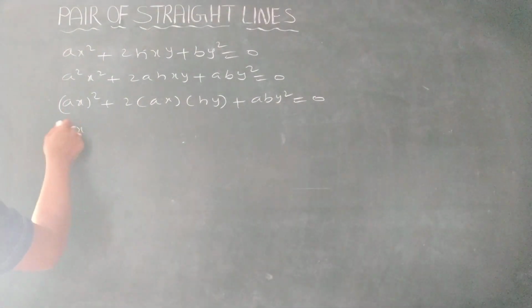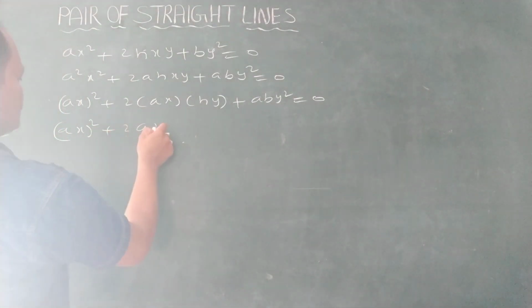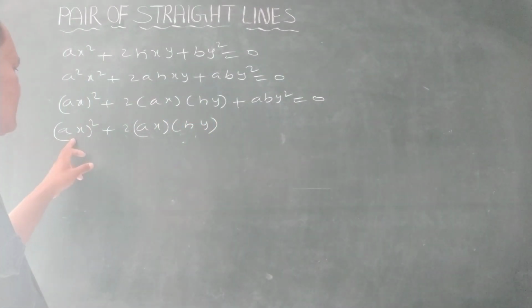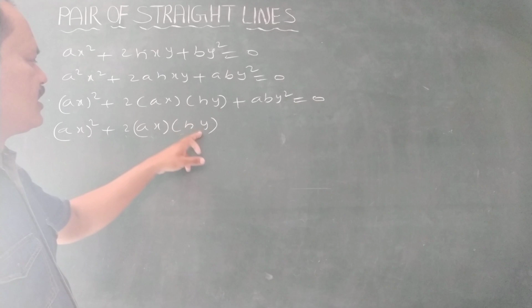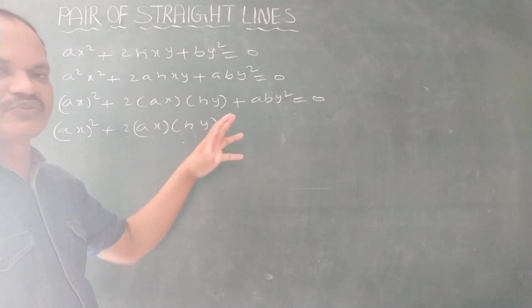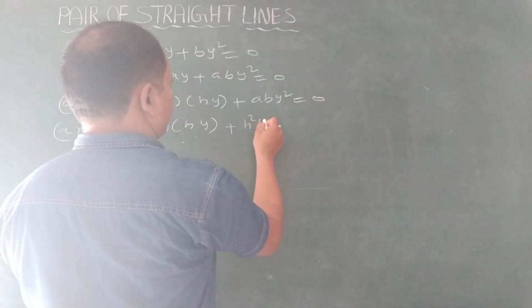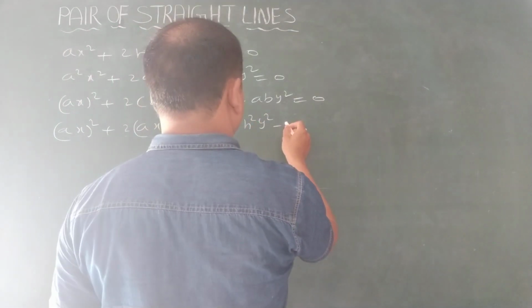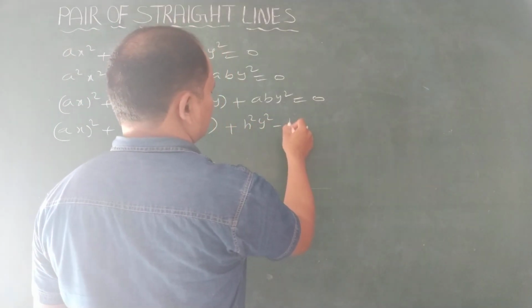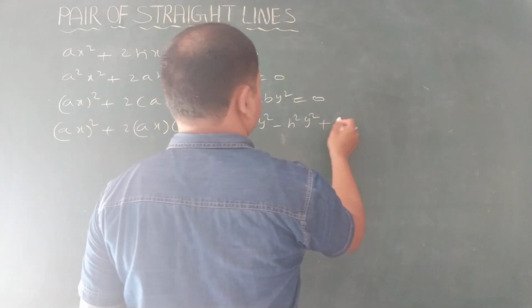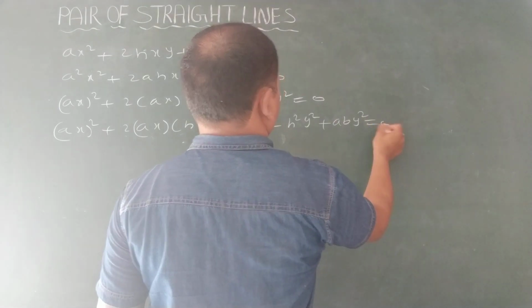This can be written as ax square plus 2 times ax into hy. This is considered as a square plus 2ab, but there is no b square. We have to add and subtract b square, that is h square y square, which is nothing but hy whole square: add and subtract h square y square, plus aby square is equal to 0.